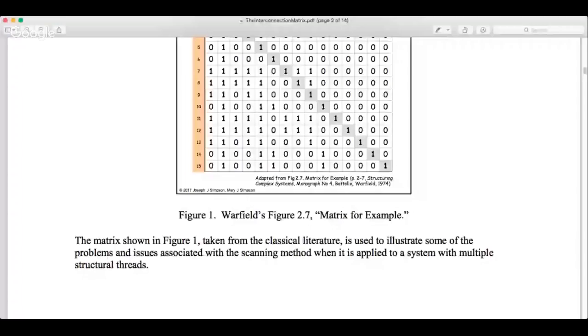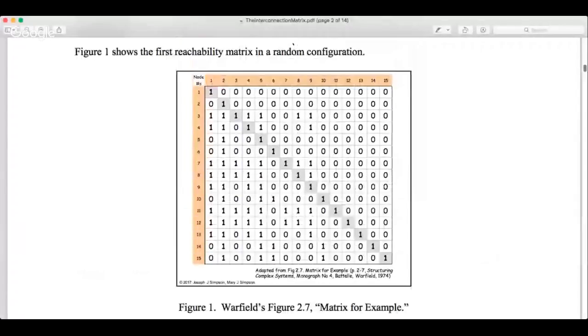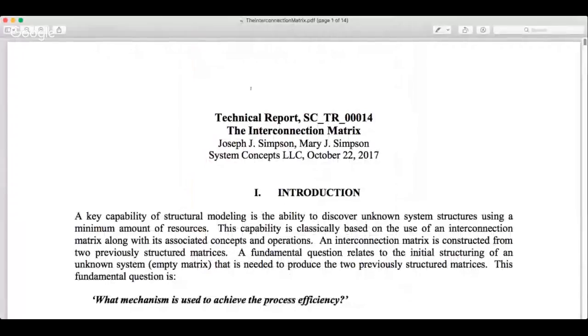Okay. Now let's see if I can go ahead and share again. Application window. All right. So I should be back to the document now. There you go. Okay. We are back.